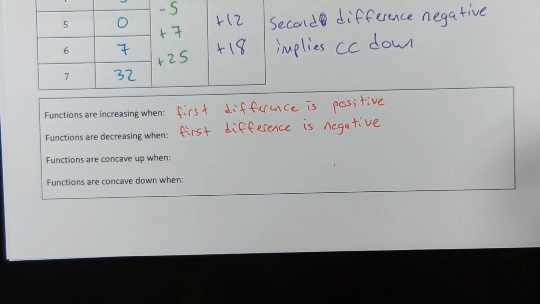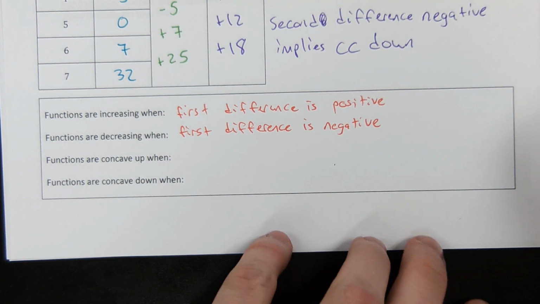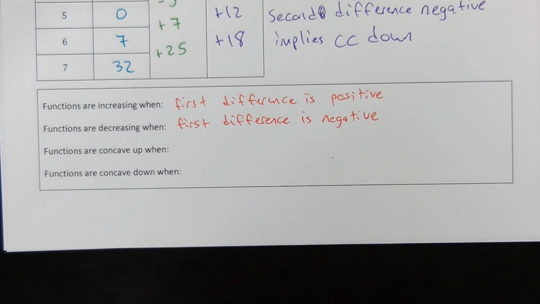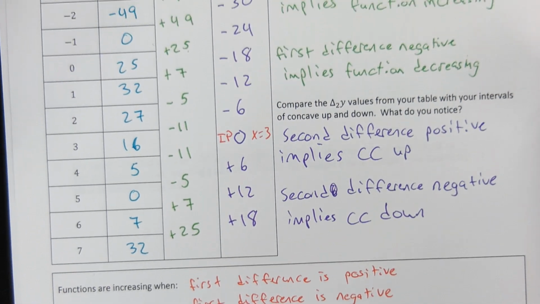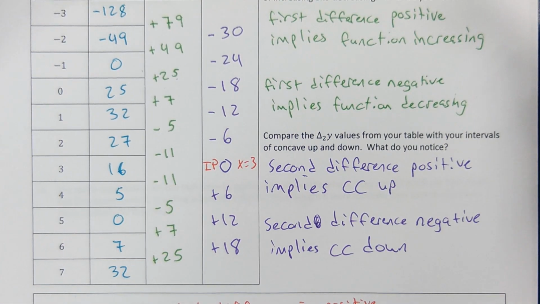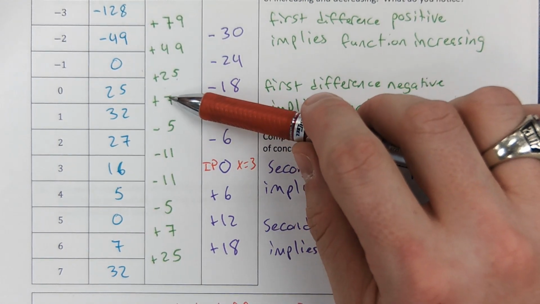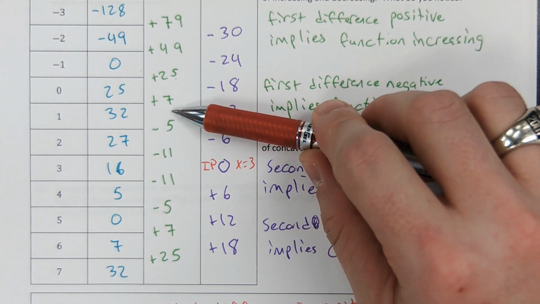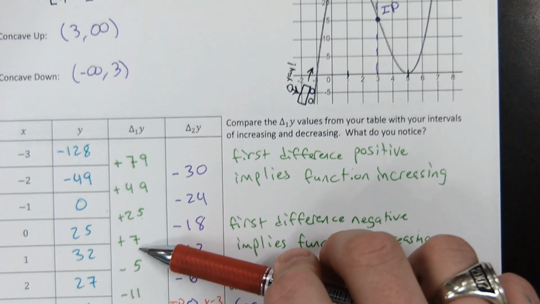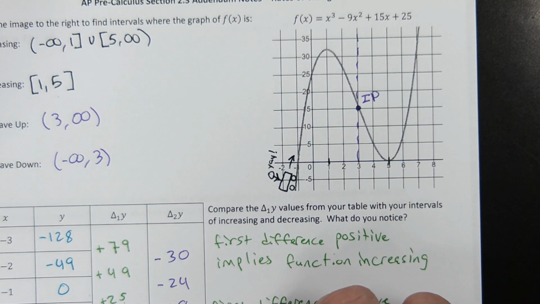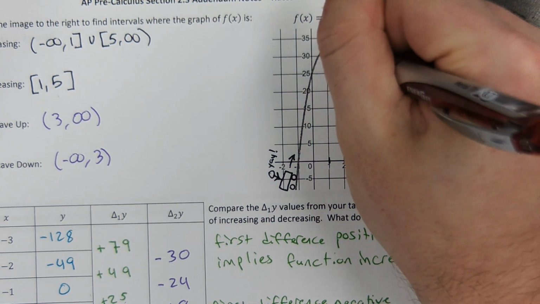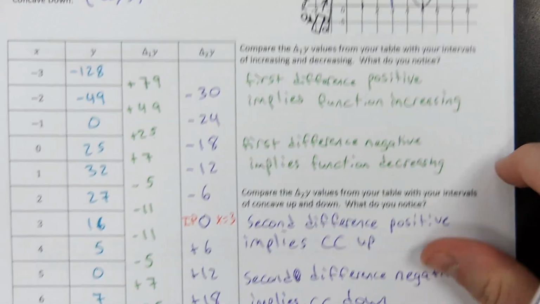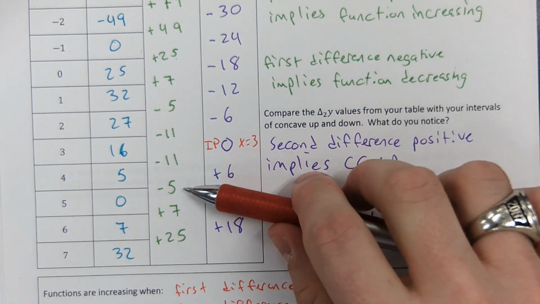Before I write down stuff for concavity then, I want you to understand something very special happens every time you see the first difference change symbol. Right here it changed symbol at x equals 1, didn't it? And what was going on at x equals 1? Look up at your picture. What was going on at x equals 1? It's an extreme value. And then look down here where it changed again.